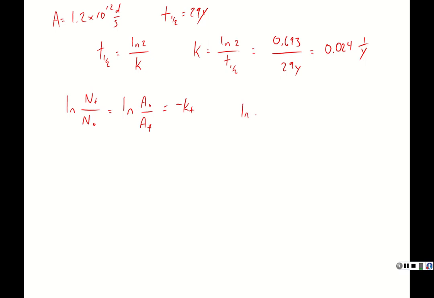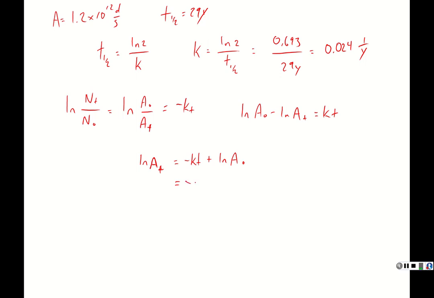And so ln of A0 minus ln of At equals Kt. Rearrange this to be ln of At equals minus Kt plus ln of A naught, since we know A naught. So now we know everything on the right side.